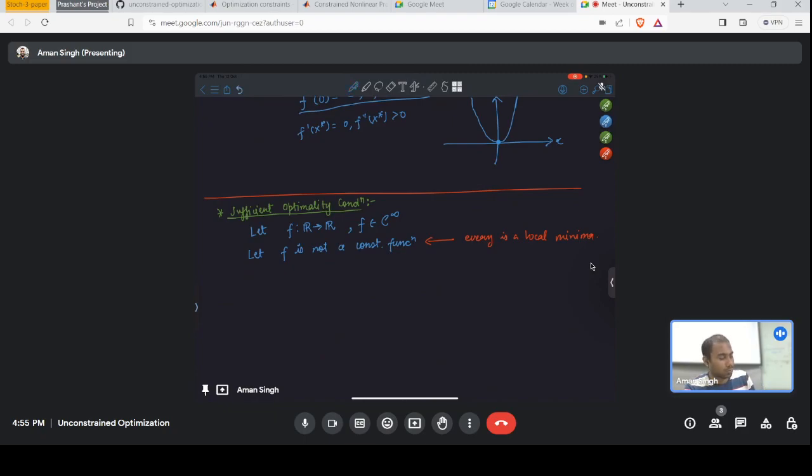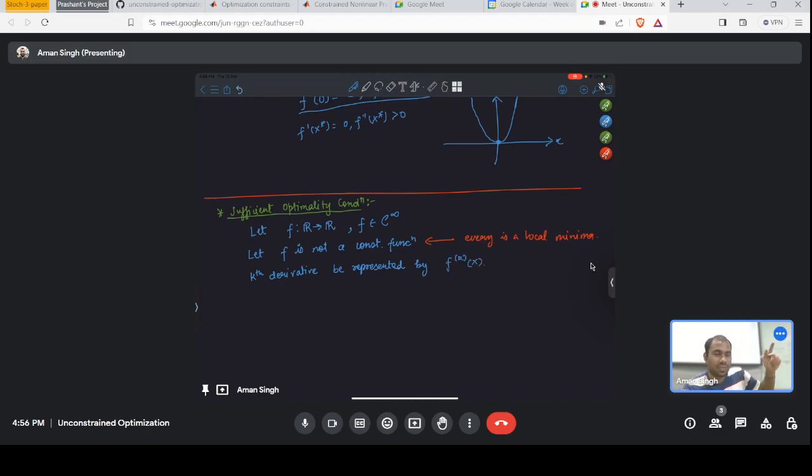And so you'll see that it has some problems which I'll come to later. But you can see that if there is a constant function, then every point is a local minimum. And let's say kth derivative be represented by f^k(x).